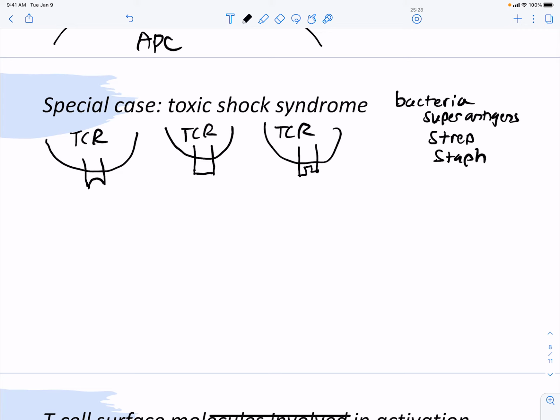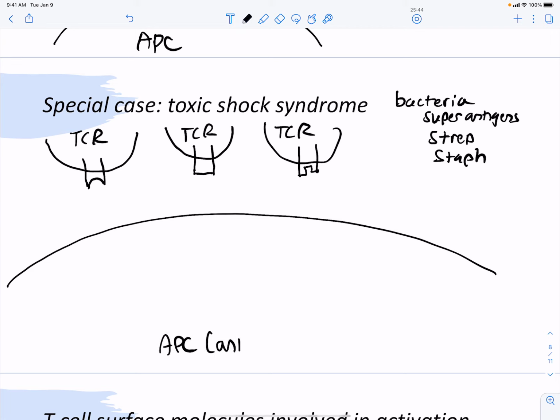Okay, so we have three different T cells, three different types of T cell receptors, and we have an MHC. I'll draw an MHC. Here's MHC. Oh, sorry, this is our antigen presenting cell, APC. And our antigen presenting cell will have the MHC on its surface.